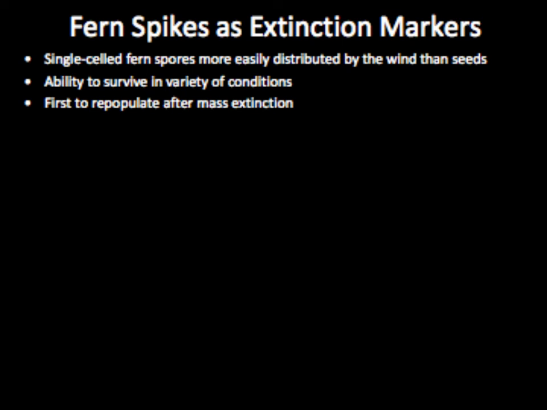So when you see a mass die-off of flora and fauna, one of the first categories of organisms to repopulate after that extinction are ferns. So as an extinction marker, you can look for spikes in the fossil record of the existence of ferns as support that a mass extinction actually happened.